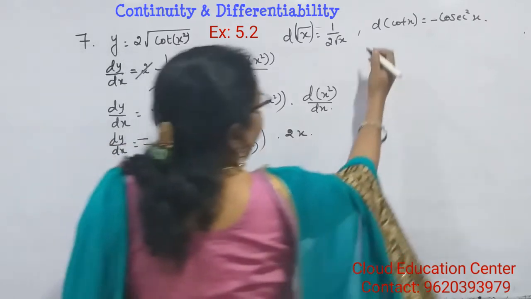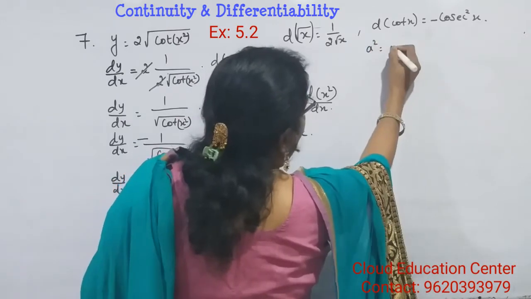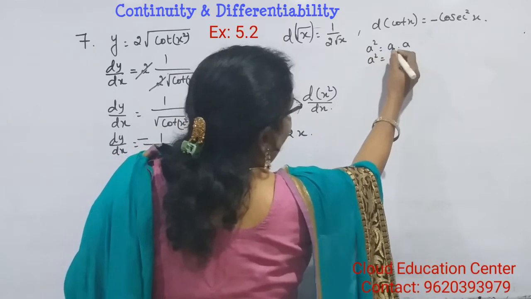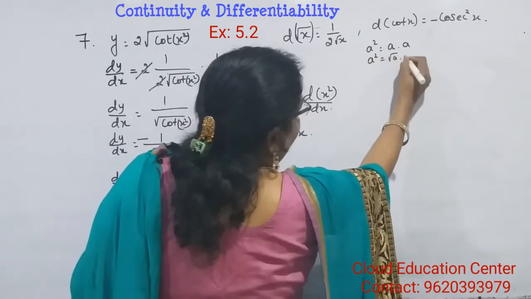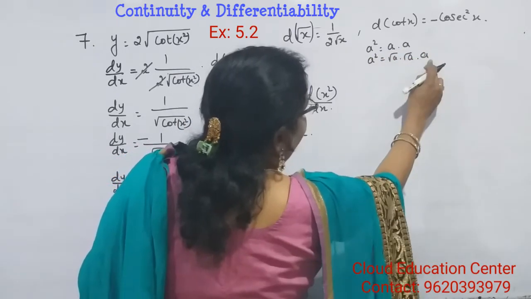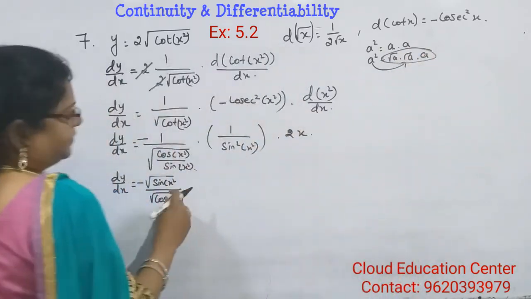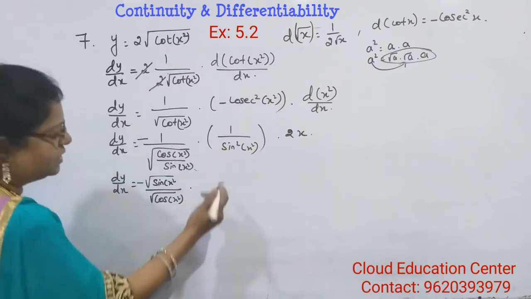Usually when you have a square, how can you write a square? a square we can split into root a into root a into a. This way also I can write it. The entire thing is nothing but a square. Same thing we are going to substitute for the sin square.